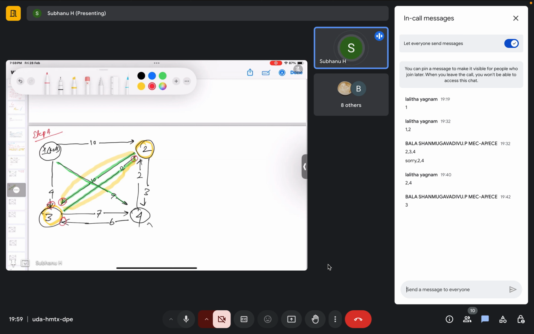For this one, 1, 2, 3. For this one, 1, 2. Okay, fine. So I don't take care of this node 4. I will be concerned about node 2 and node 3 because first I have to see which node has maximum incoming edge. Any problem?